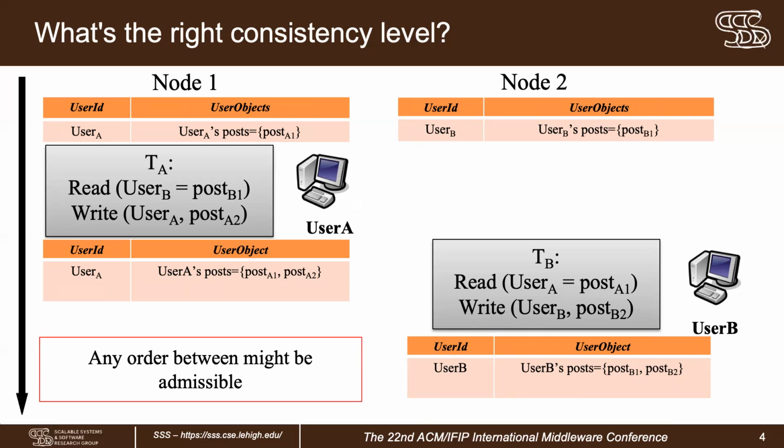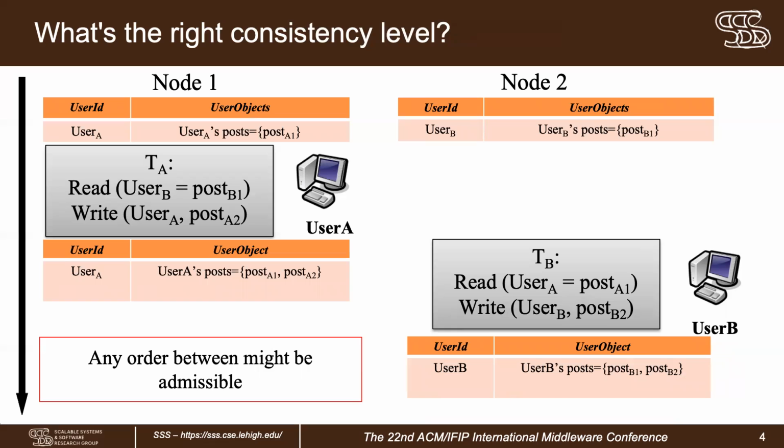It reads post B1 from user B, and then user A updates his or her own wall with a new post, meaning post A2, and commits. User B starts another transaction, meaning TB in this slide, and finds post A1 from user A and updates his or her own wall with a new post, meaning post B2.